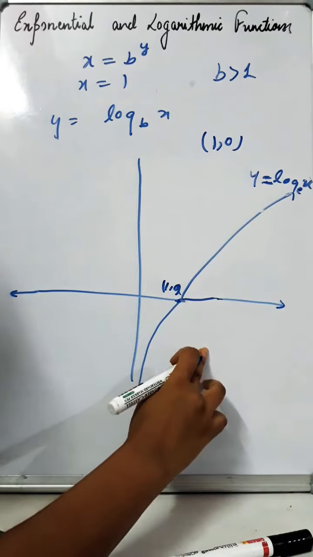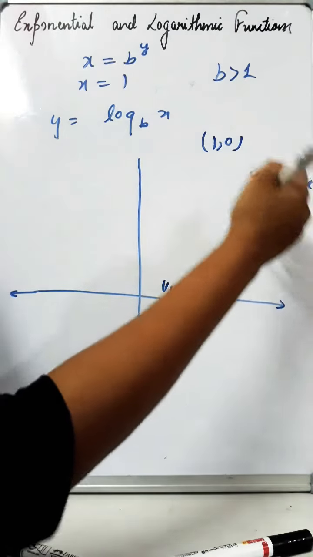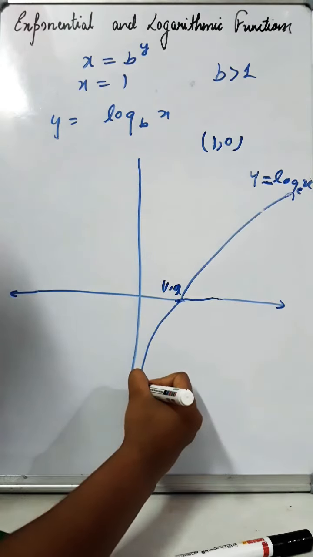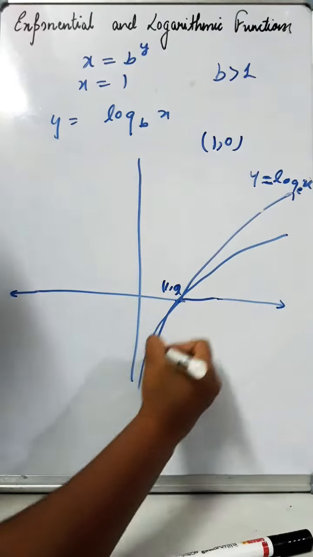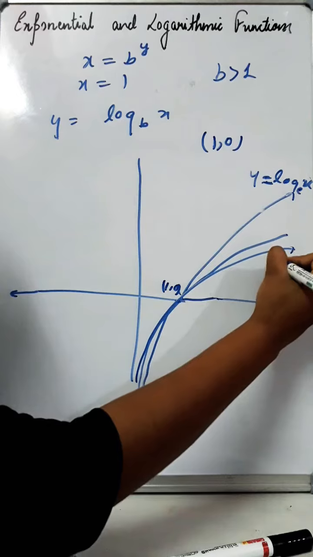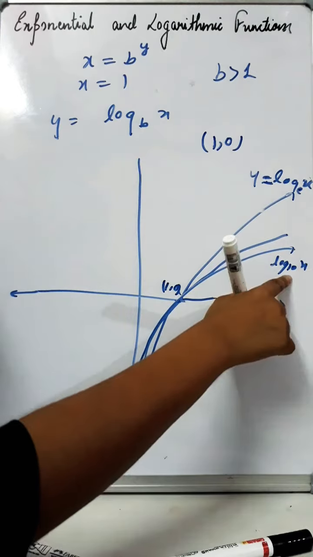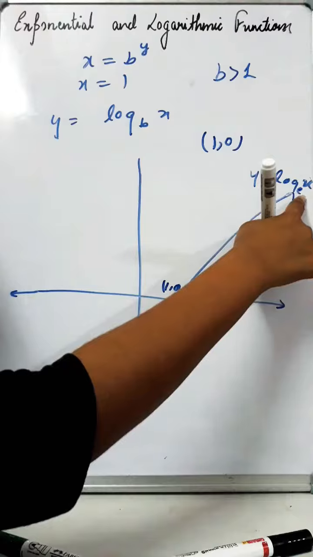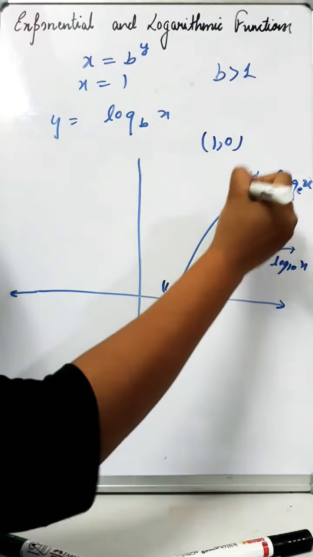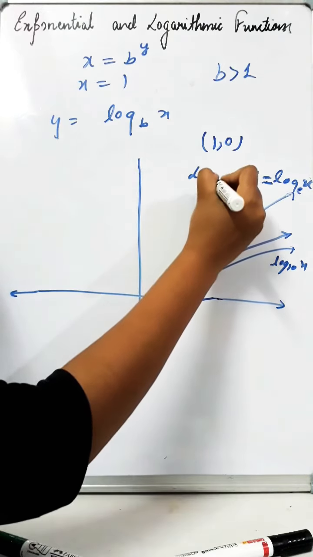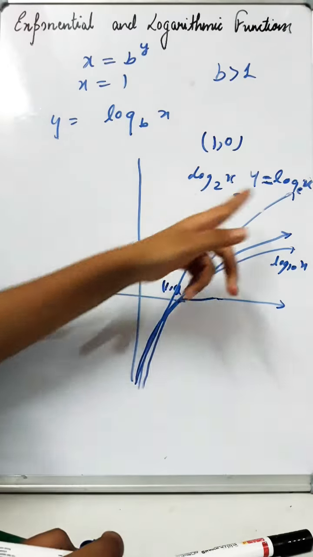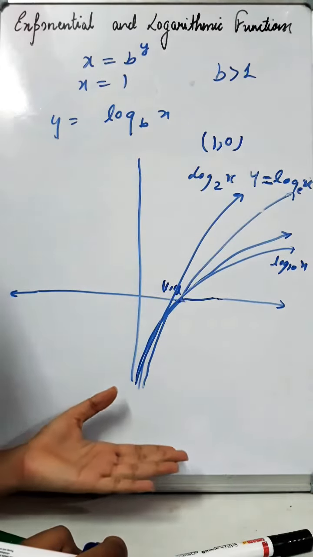Now as you go on increasing the base, if the base is 10, your growth you see will go on decreasing like this. Suppose this is log x to the base 10. Now as you go on increasing the base, your growth decreases, and as you go on decreasing the base, suppose this is log x to the base 2, your growth increases.